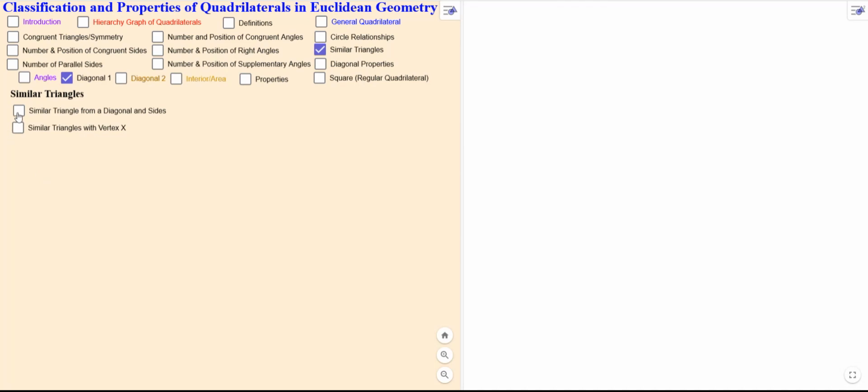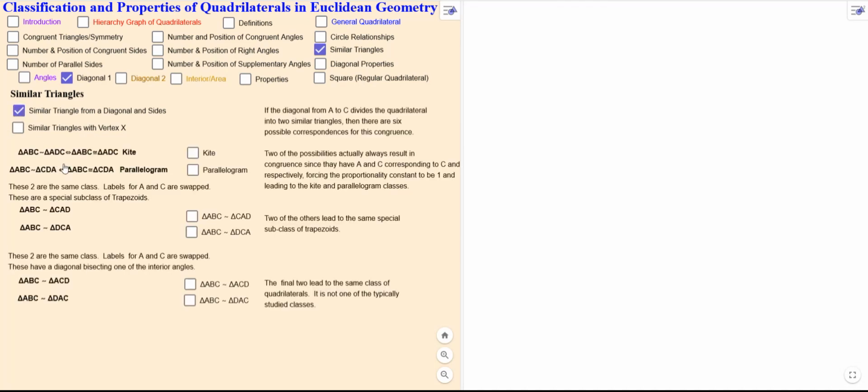Okay, so first of all, I'm going to take a diagonal and the sides like we just did. Well, the first one is this situation here. If you take the diagonal here and the sides, let's look at the angles here. If these are similar triangles, we know all of these angles are congruent.